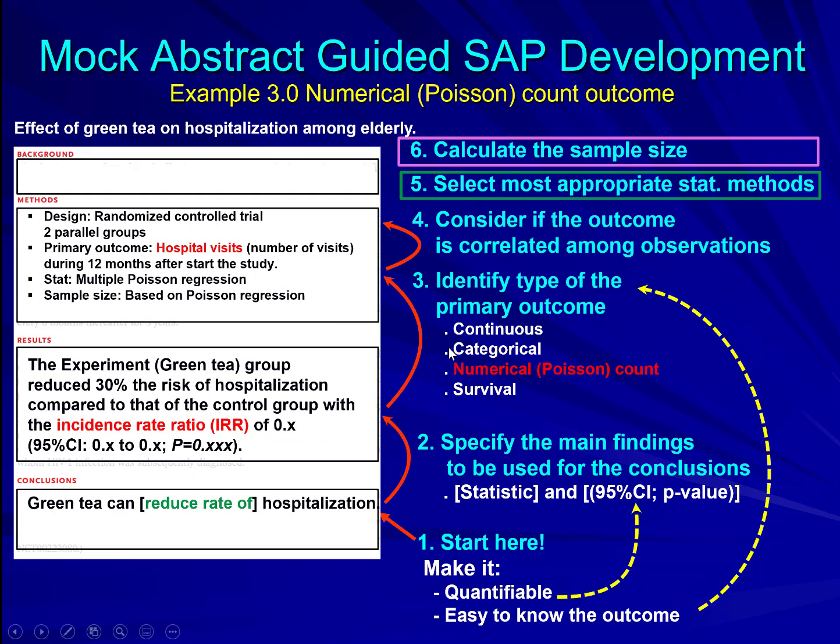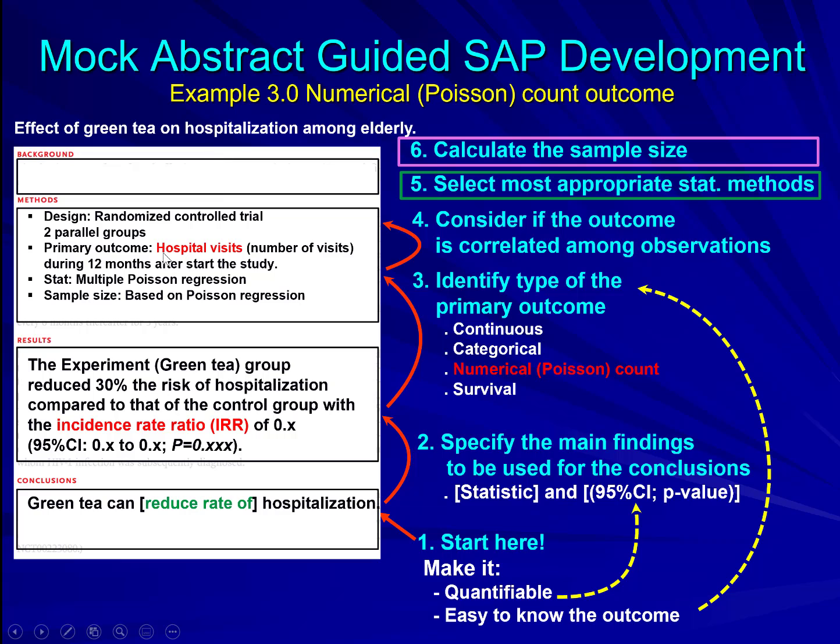Okay, so the third type of outcome is the numerical count, or the Poisson count. Details I put in the lecture of overall statistics, but here the mock abstract can guide the SAP the same way. Effect of green tea on hospitalizations among elderly.